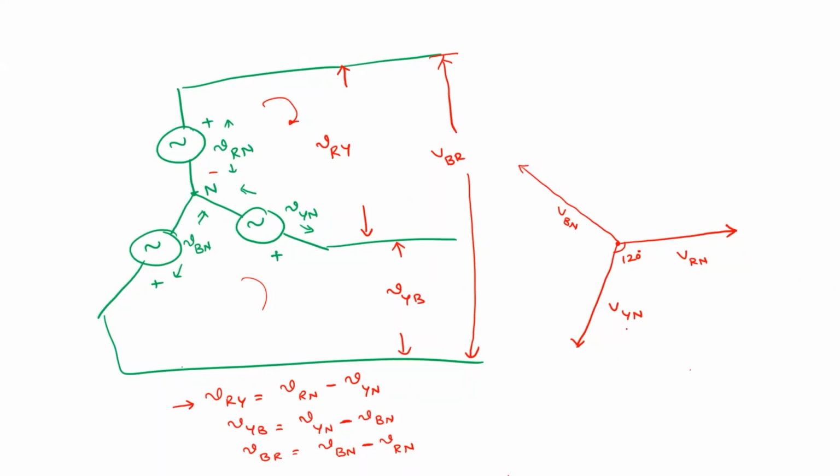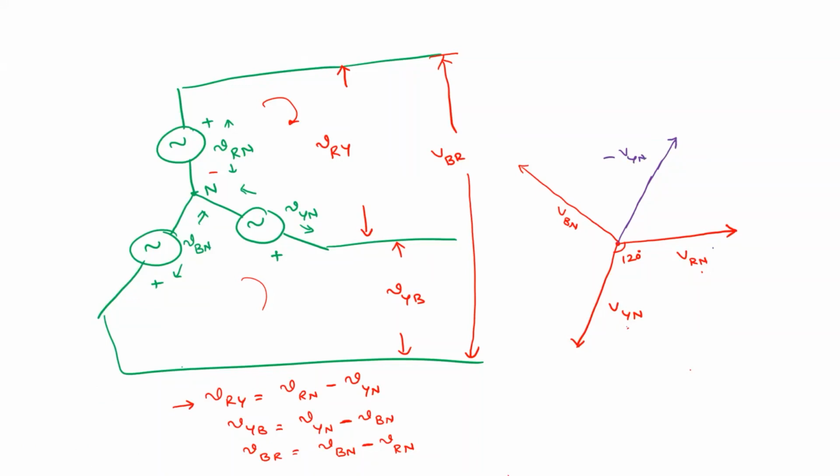So this is the VYN phasor and this is VRN. How do we do the phasor subtraction? This is the VRN phasor, this is the VYN phasor, so this will be minus VYN, right? Agree? Yes, sir.